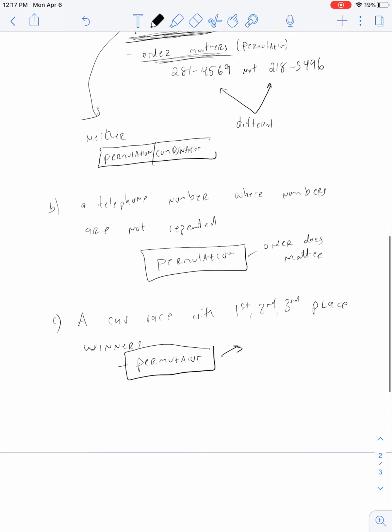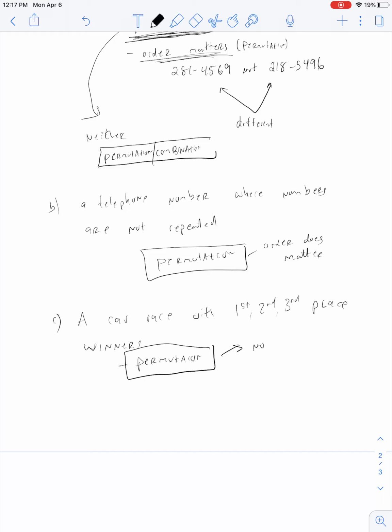All right, because once again, no entry is repeated, which means car 1 can't get first, second, third place. Car 2 can't get first, second, third place. Car 3 can't get first, second, third place. And here, order definitely matters. We know that first place is definitely better than second or third.